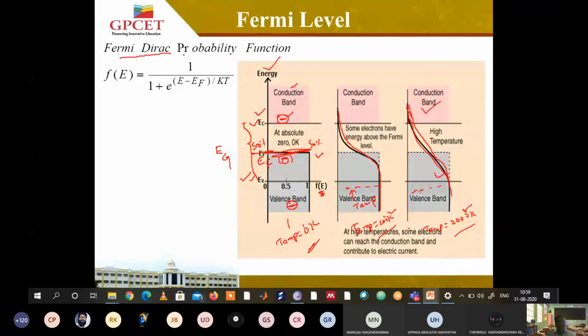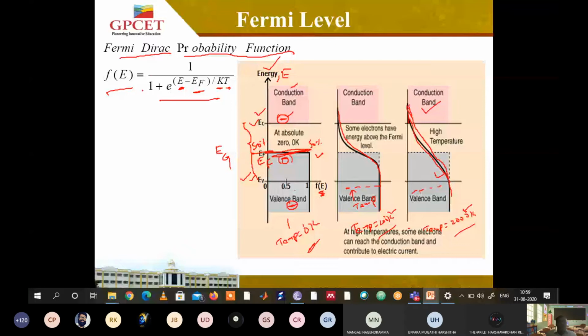According to Fermi Dirac, because we are finding the probability of an electron lying in a respective energy level, the probability f of E is equal to 1 divided by 1 plus e power (E minus EF) divided by kT. This is the formula he has given, where E is the energy present on the y-axis, EF is the Fermi energy level, k is the Boltzmann constant, and T is temperature.